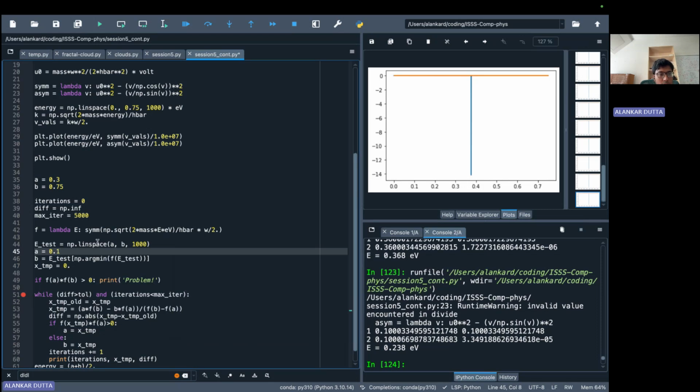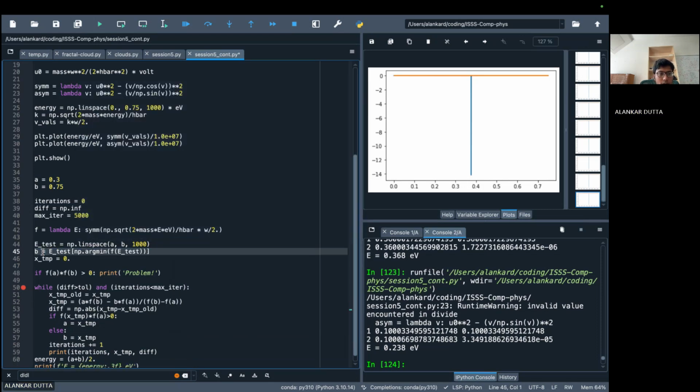A is 1.1 and B is this. So let's see if there is something between 0.1 and 0.3.